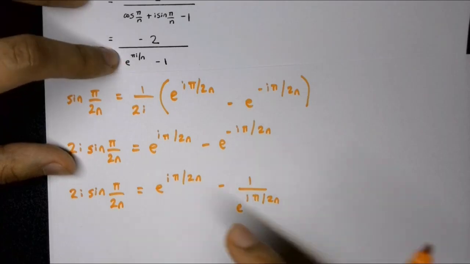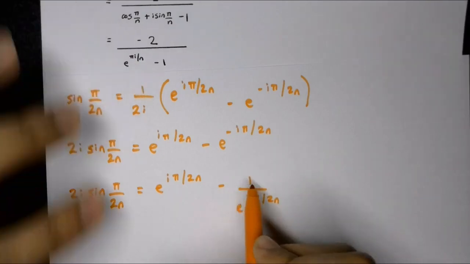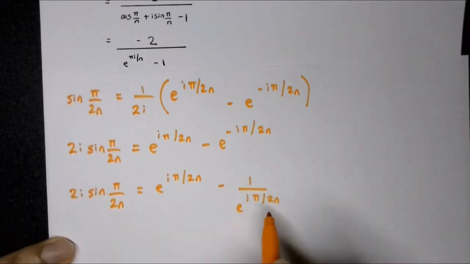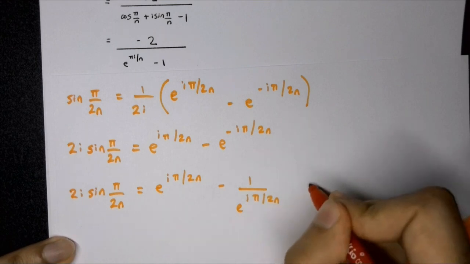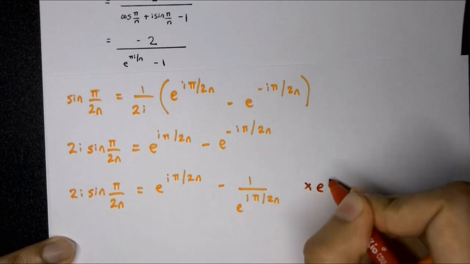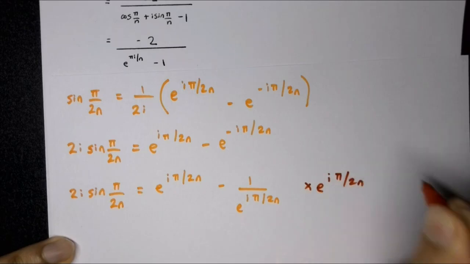So for us to get a 1 over here, we can multiply both sides by e to the i pi over 2n.